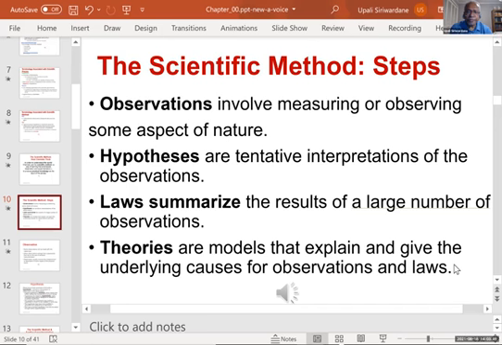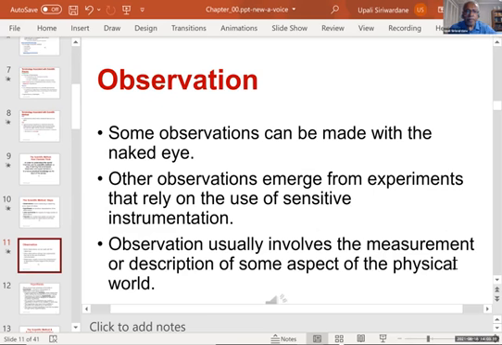Laws summarize results of a large number of observations, pressure, volume, temperature, etc. for gases. Observation could be made with the naked eye. Observations also emerge from experiments that rely on the use of sensitive instrumentation. So we extended our capabilities through instrumentation.